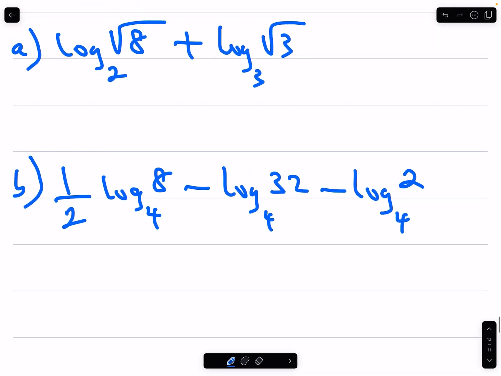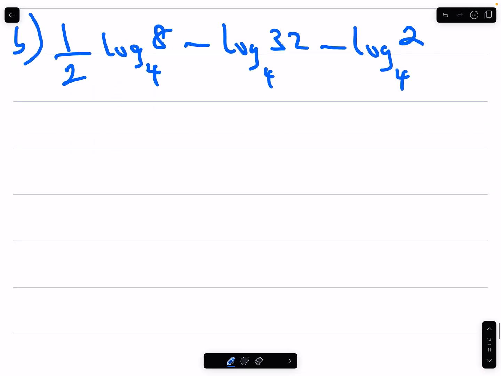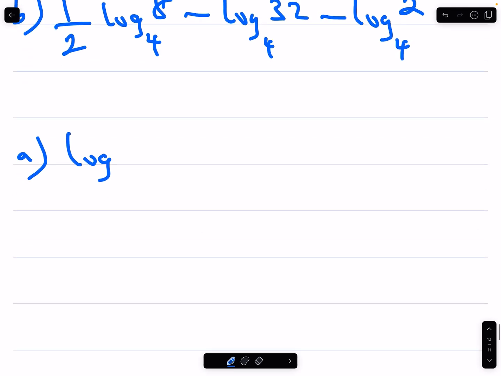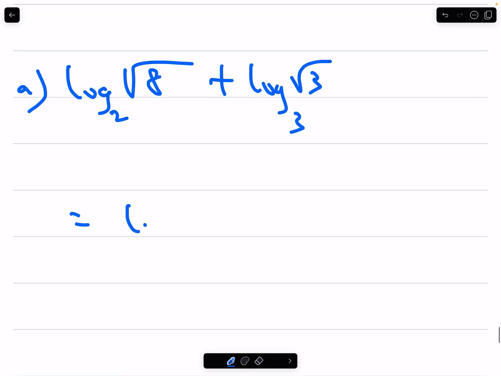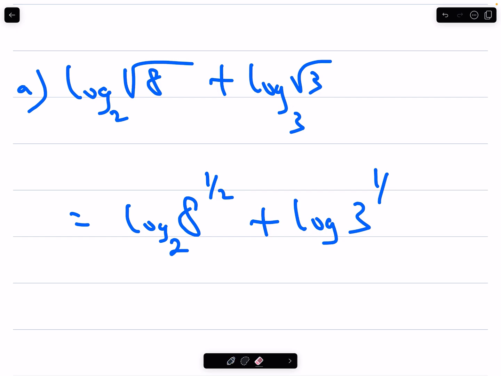This is the solution. Log root 8 base 2 plus log root 3 base 3, and that's going to be equal to: root 8 is the same as 8 raised to power half, so that's log 8 raised to power half base 2 plus log root 3, which is the same as 3 raised to power half.